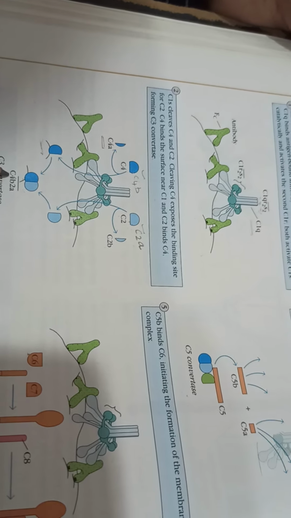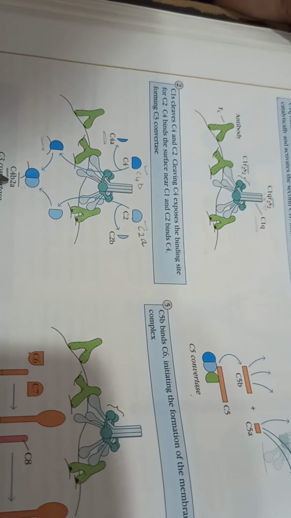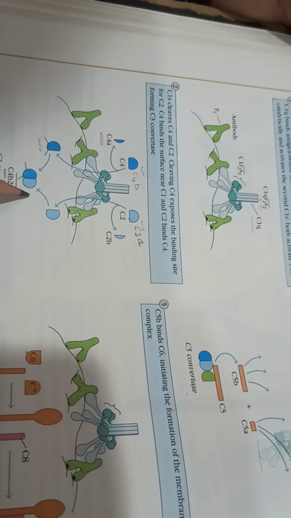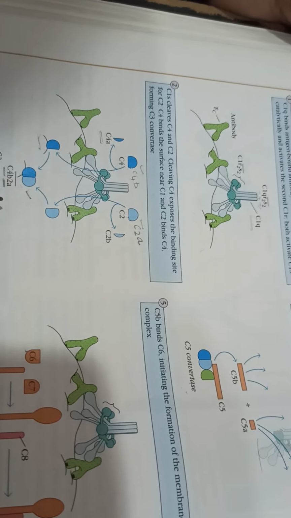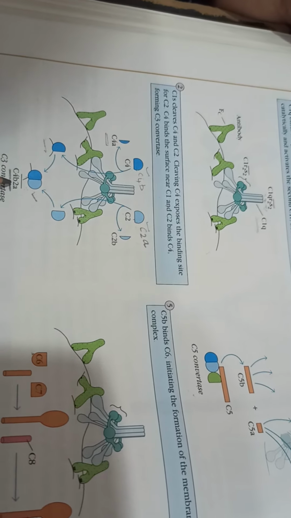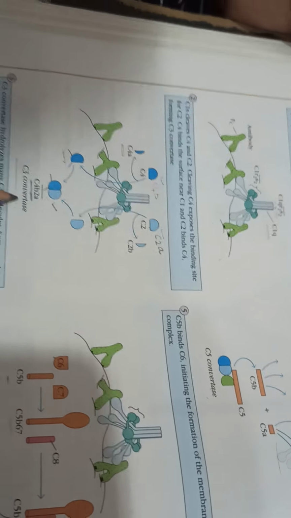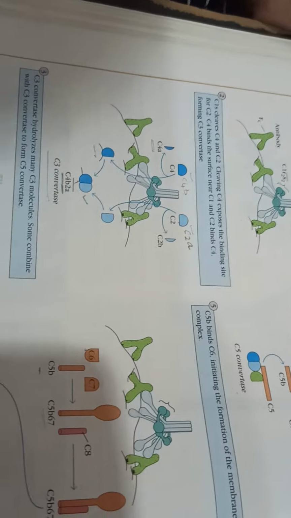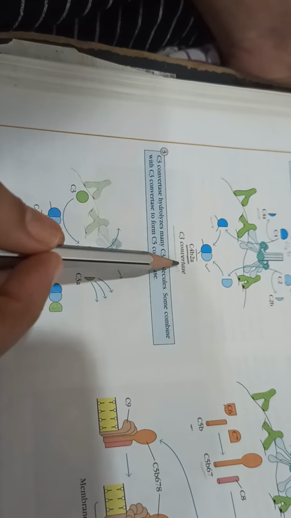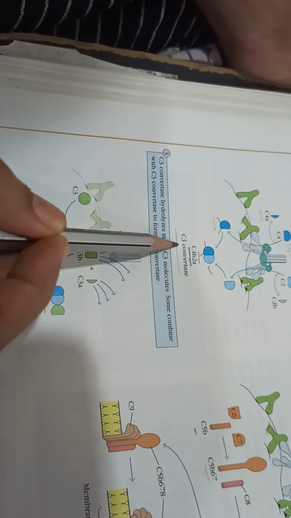Now the C4B component and the C2A component, both the larger fragments, are bound on the antigenic surface. Now this total thing, C4B and C2A together, we call C3 convertase. When I say C3 convertase, we understand that it is going to convert another complement component, that is C3.